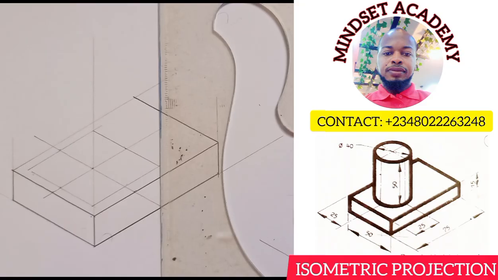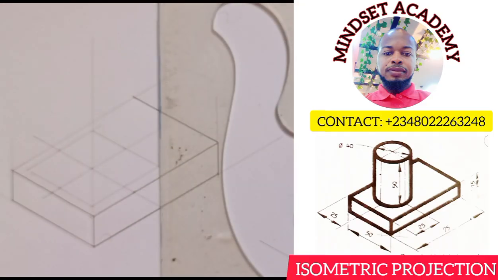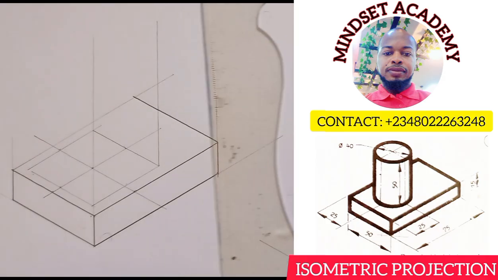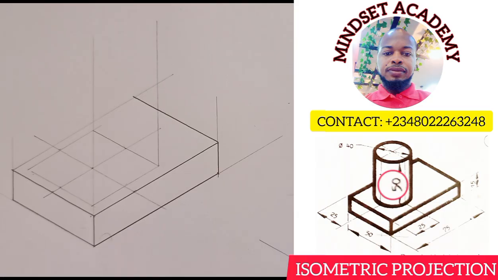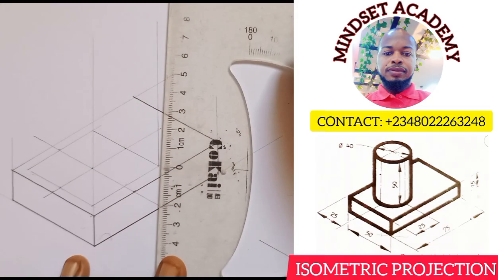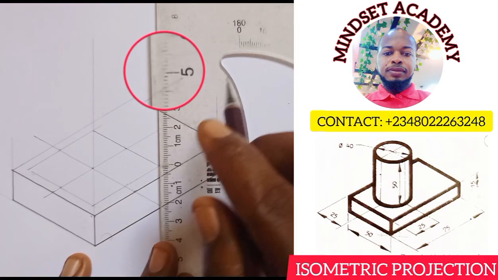Each of these ends I'll take up. Can you see this? Once I've taken it up, what's the height you see there? The height is given as 50. So I'm going to measure 50 on that point there, from 0 to 50 here.